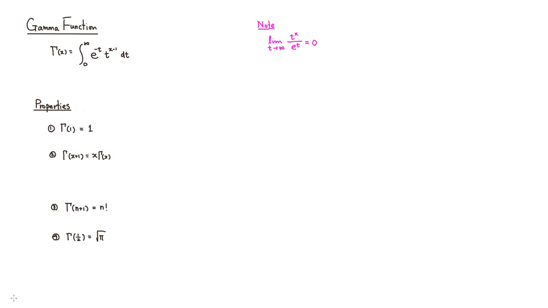The fourth property is gamma of 1/2 is equal to square root of pi. It might take another video to explain property number 4, but we can explain number 1 through number 3. So let's go ahead and compute gamma of 1.